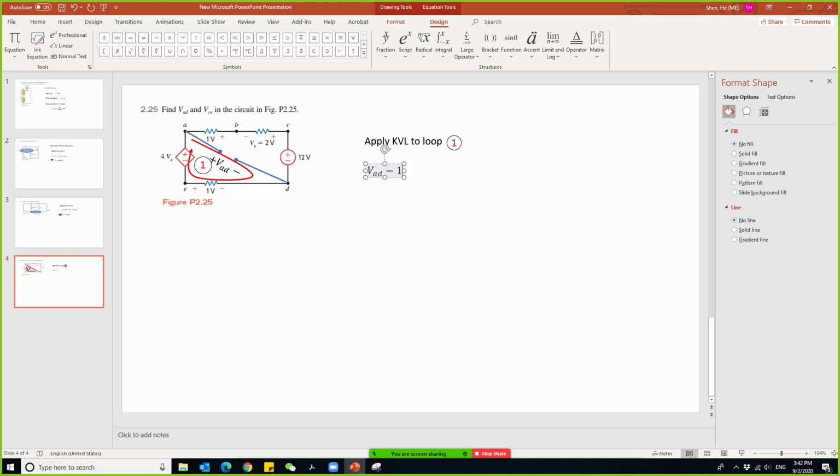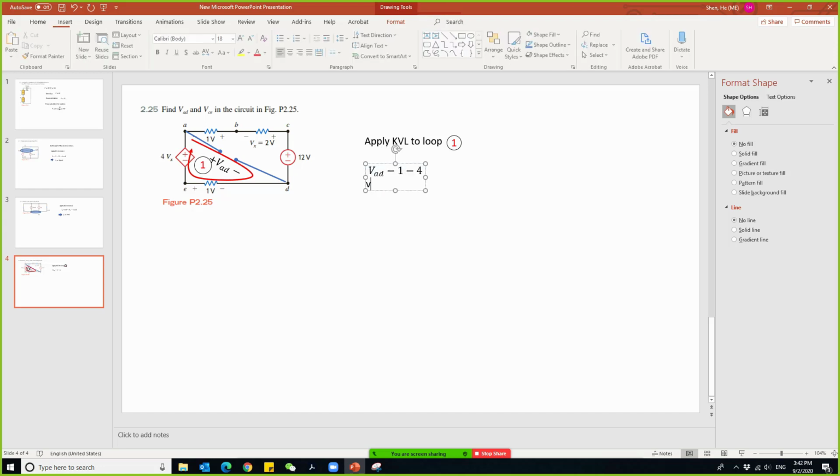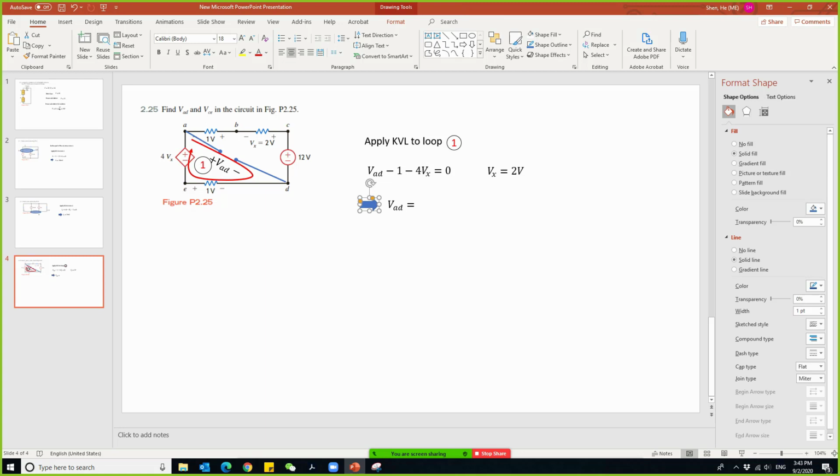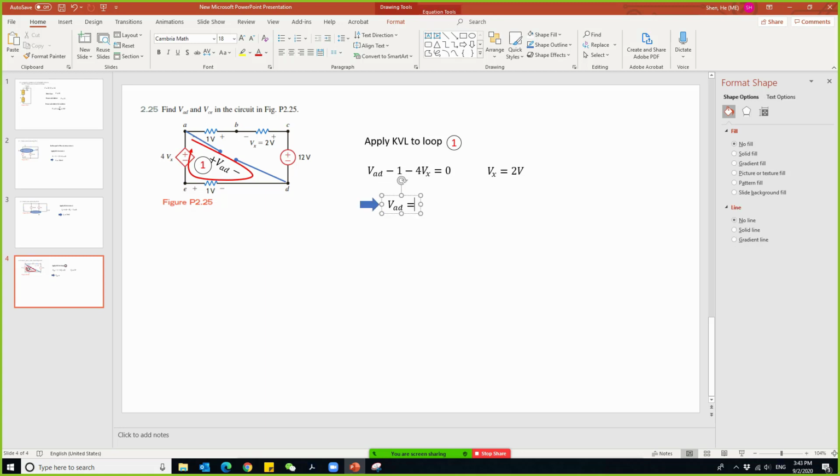I see a negative sign, so it becomes -1. Then over here I see a negative sign, it means that it's a negative for Vx, right? We counted all the elements in the loop, so that adds up to 0. Vx is given as 2 volts. So we'll be able to find VAD equal to 1 plus 8, so that is 9 volts, right?